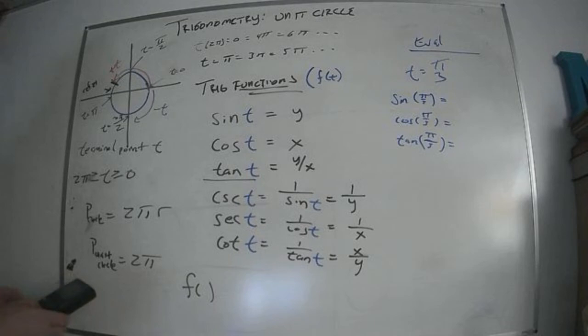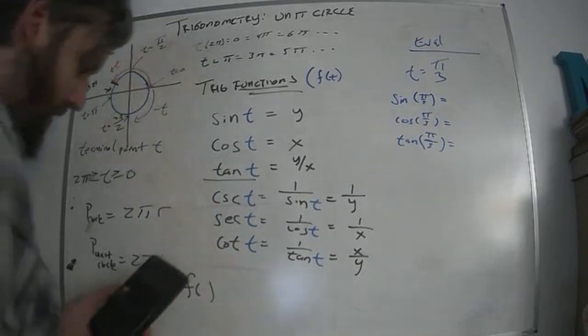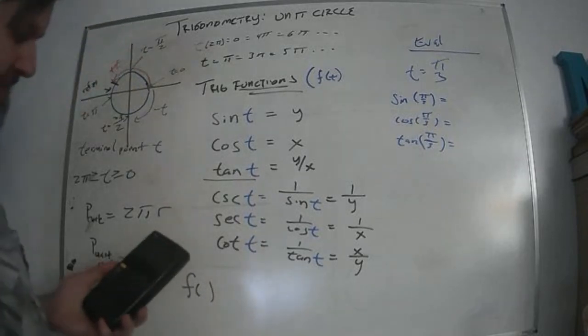So if I go back, I go sine of pi divided by 3. I get a number. I get 0.866.